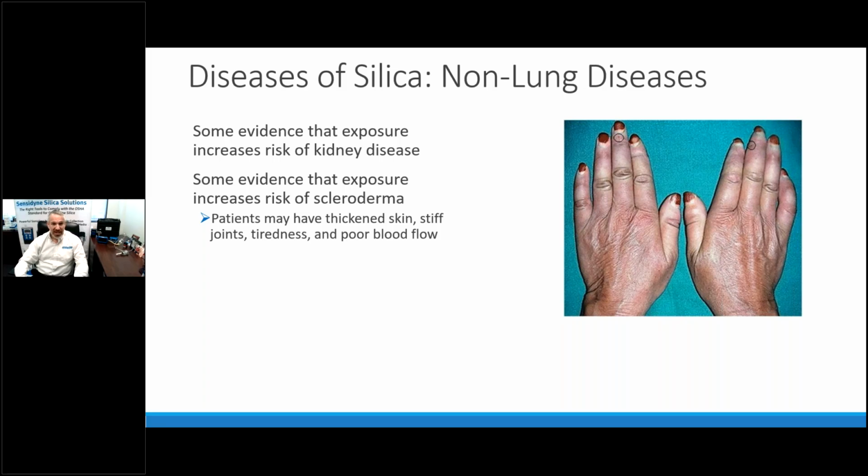There is evidence that exposures can increase the risk of kidney disease. There is some evidence that exposure increases the risk of scleroderma. Patients may have thickened skin, stiff joints, tiredness, and poor blood flow, also as a result of higher exposures to respirable crystalline silica.